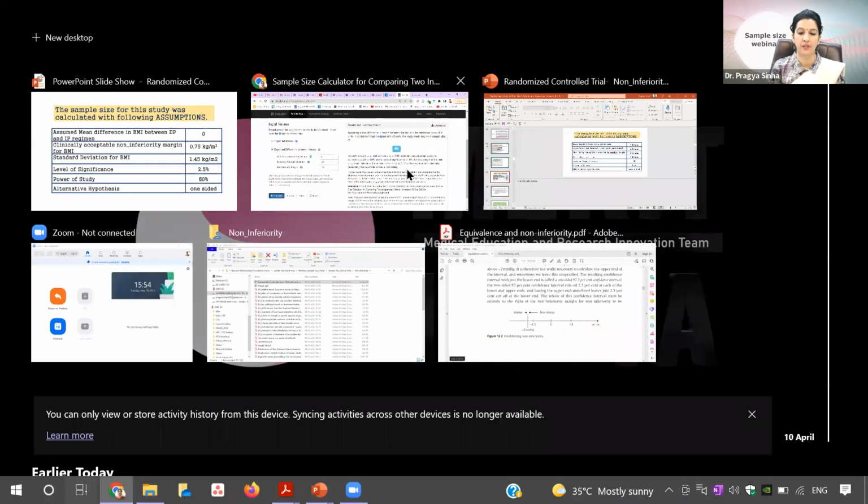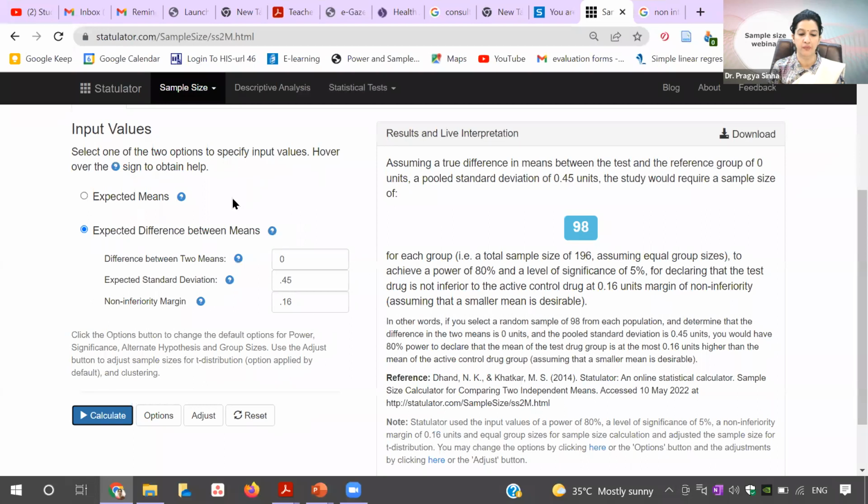So let's go to the Statulator. We'll use the same continuous data. So the difference will be 0. The standard deviation is 1.45, and this non-inferiority margin is 0.75. So I will set it as 0.75.